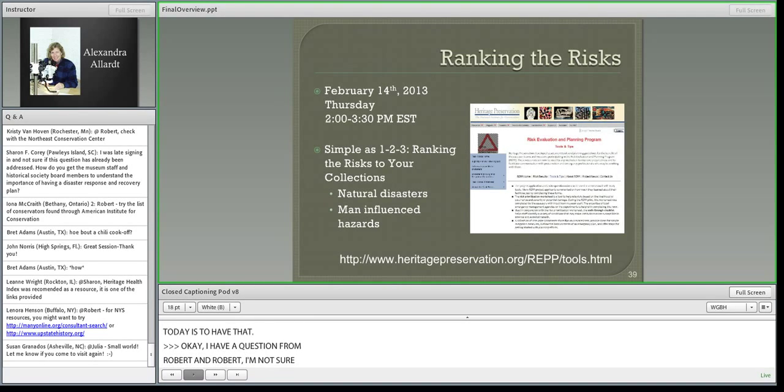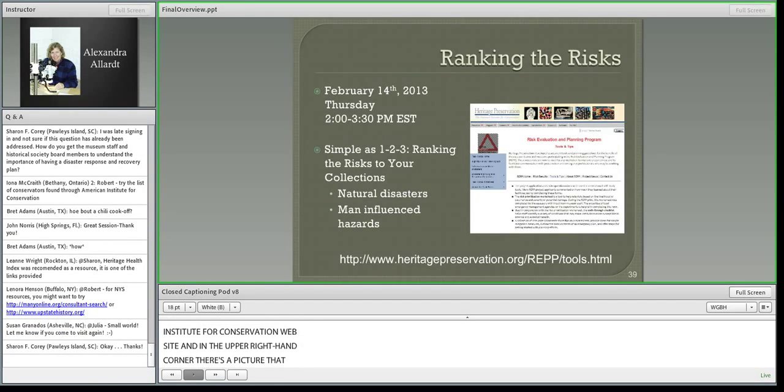Do you mean for collection care, or do you mean for collection management? If it's for collection care, you can go to the American Institute for Conservation website, and in the upper right-hand corner, there's a picture that says Find a Conservator. If you click on that, it will bring you to a search page where you can fill out a little form that says, what are you hunting for?